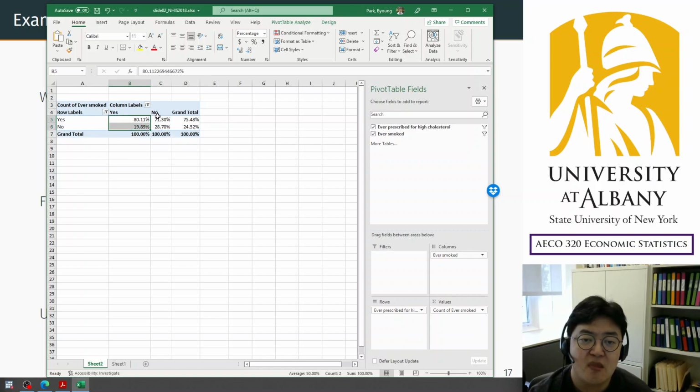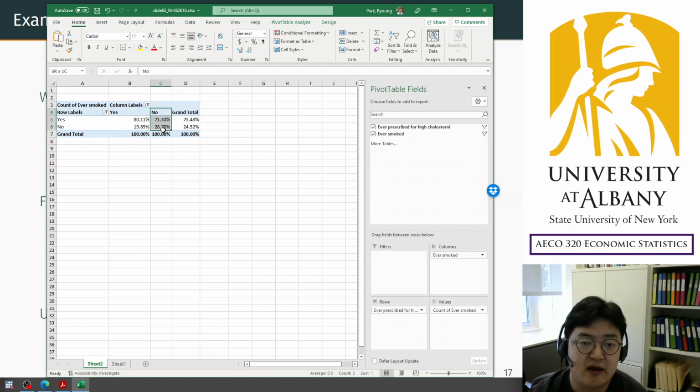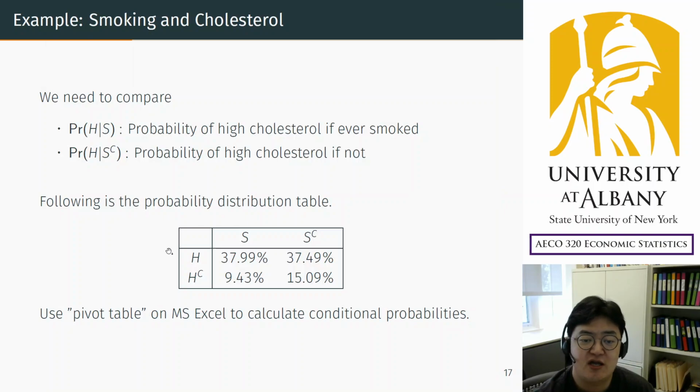The first column shows us the conditional probability conditional on smoking, on those who ever smoked. And the second column gives the conditional probabilities given that a person has never smoked. That's how we calculate conditional probabilities in Excel from real data.